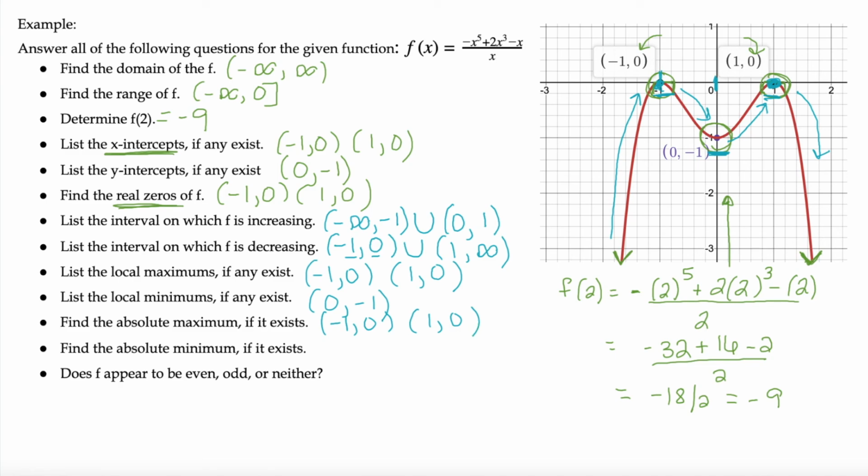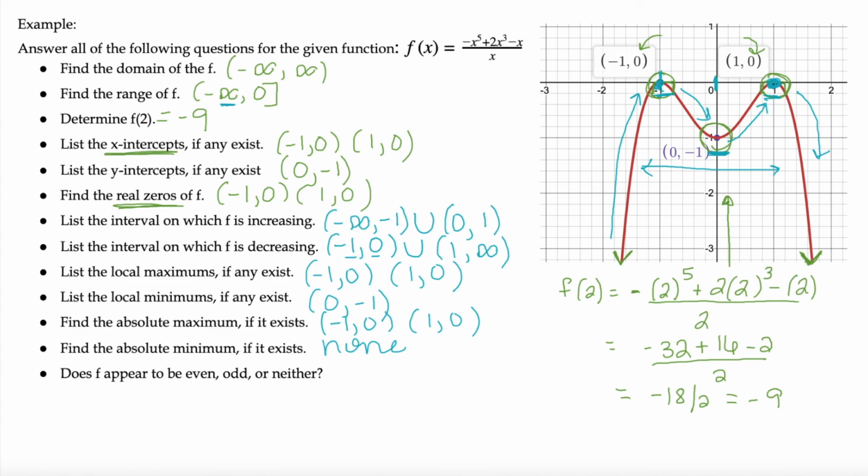Is there an absolute minimum? Well, no, there is not an absolute minimum because our range goes from -infinity to 0. So there will always be a smaller value that is more minimum. So there are none. And does this appear to be even, odd, or neither? It appears as if our graph reflects over the y-axis.